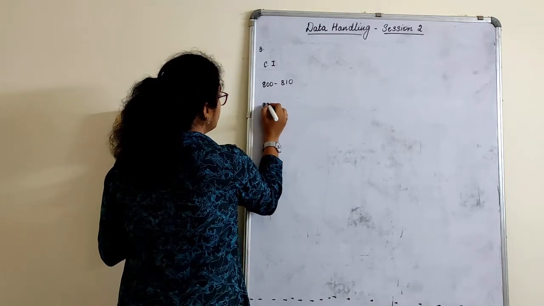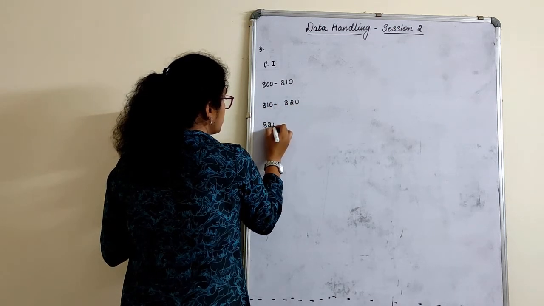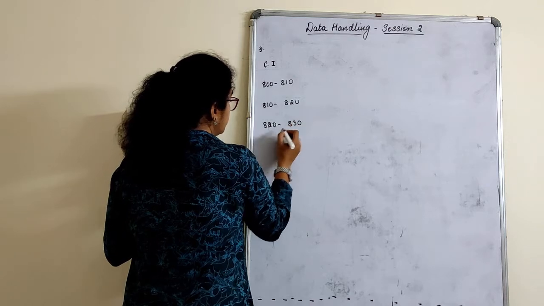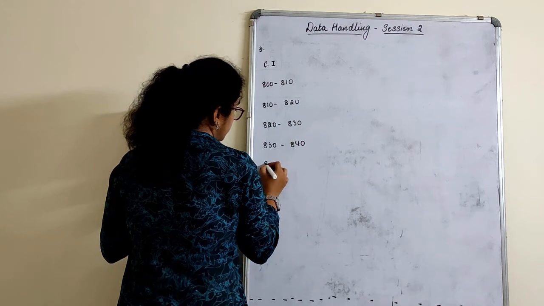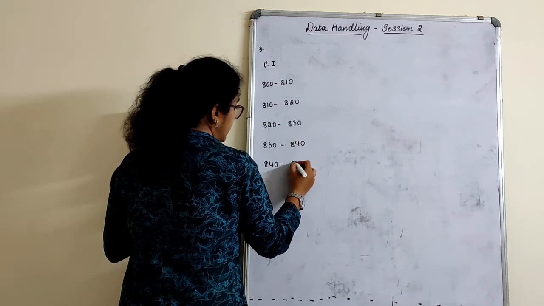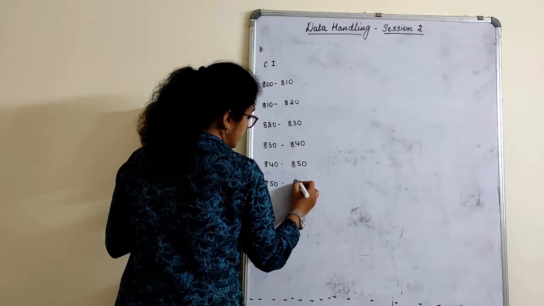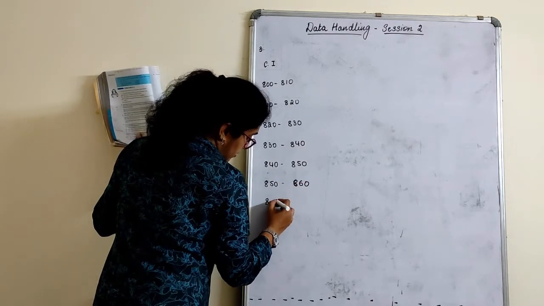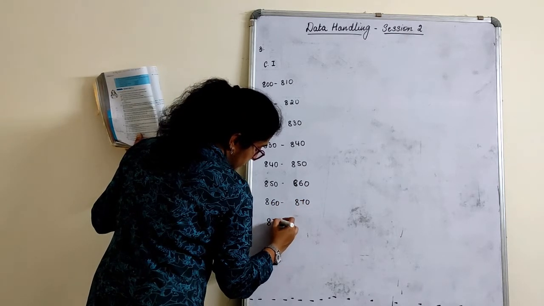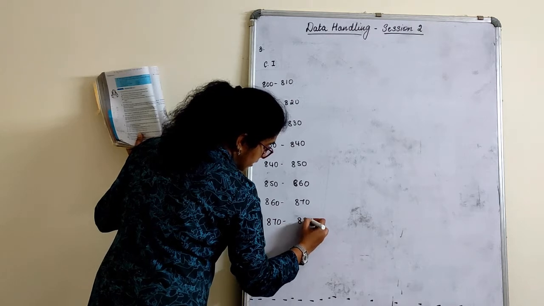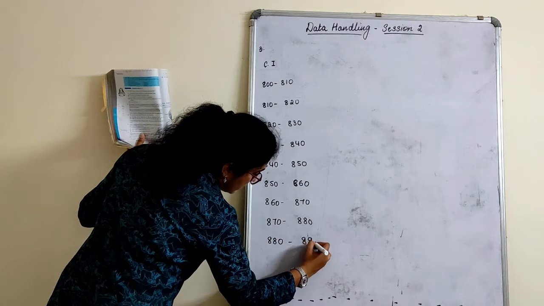800 to 810, 810 to 820, 820 to 830, 830 to 840, 840 to 850, 850 to 860, 860 to 870, 870 to 880, 880 to 890.